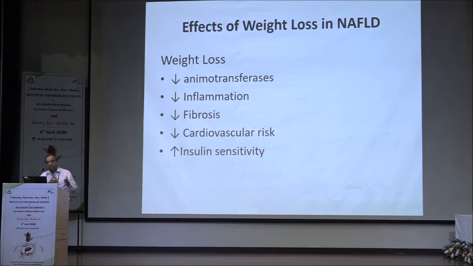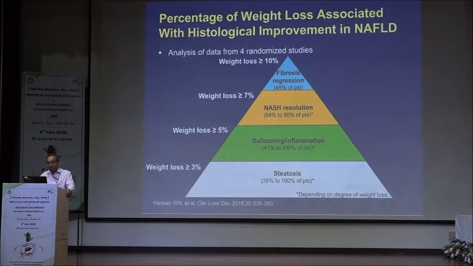There is decreased transaminases, levels of SGOT and SGPT will go down, decreased inflammation, decreased fibrosis, decreased cardiovascular risk, and increased insulin sensitivity. This has been shown in this diagram very clearly. As the weight loss is more than 3%, steatosis improves in 35% of patients, and as it goes up to 10%, fibrosis regression also takes place.